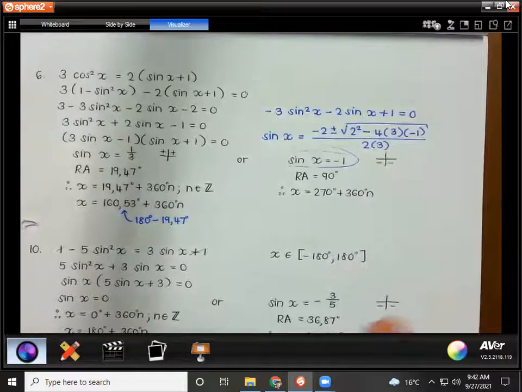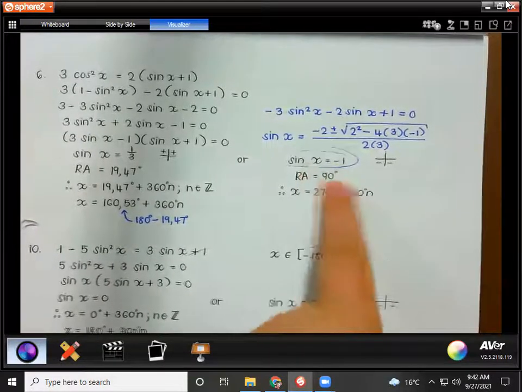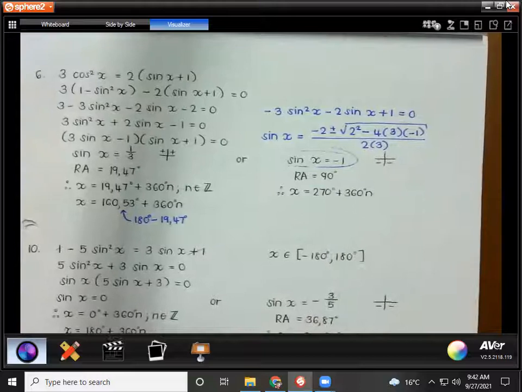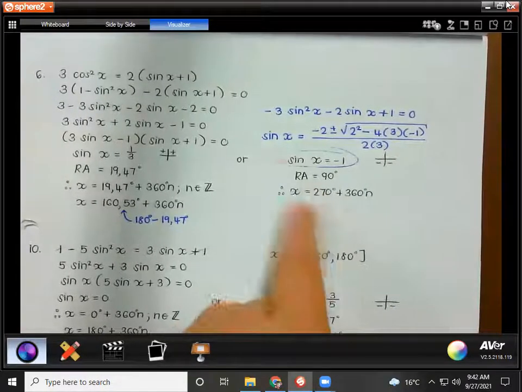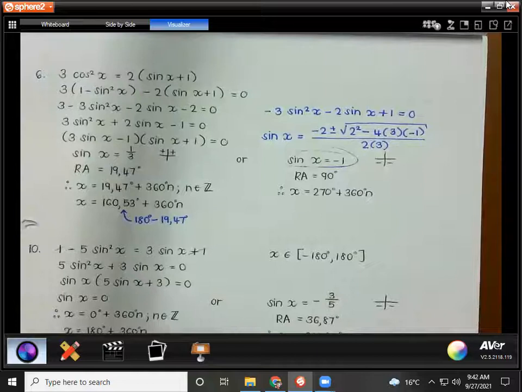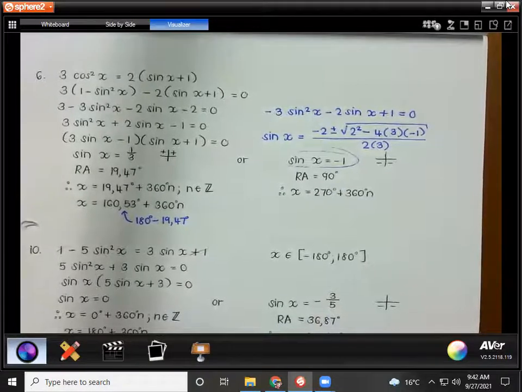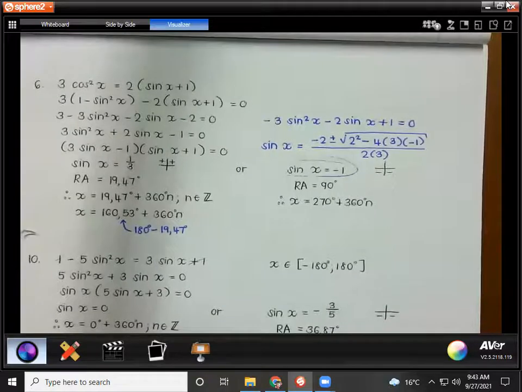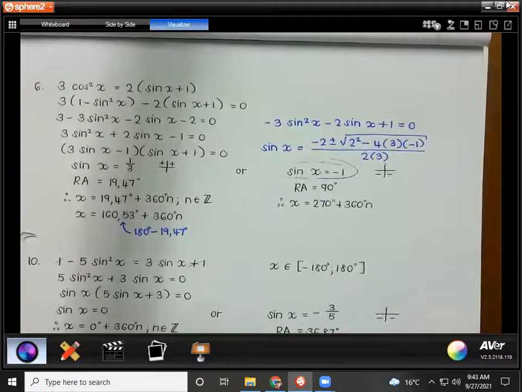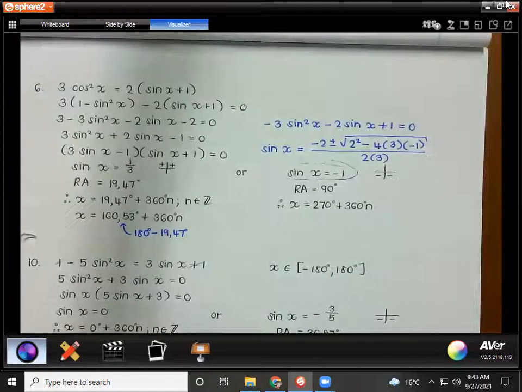Okay, so for these ones that have funny reference angles, you'll see sometimes you even get a reference angle of 0. It can help if you think of the graph. So don't stress if you're getting the same solution for both quadrants, is what I'm trying to say. Then think, how does the graph actually look? It is equal to -1 at 270. Okay, so it's fine that you only have that one there.